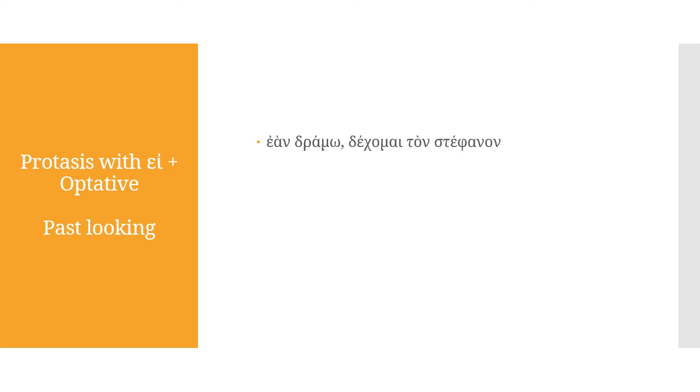So here we have ean with dramo, the hypotactic subjunctive. This is what we were just looking at, right? Ean subjunctive and then a present indicative. A general condition. If on any particular occasion I run, and in fact I do run sometimes, I'm quite likely to run on some particular occasion, I receive the gold medal. This is kind of a present general conditional.